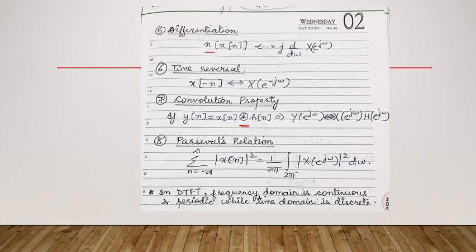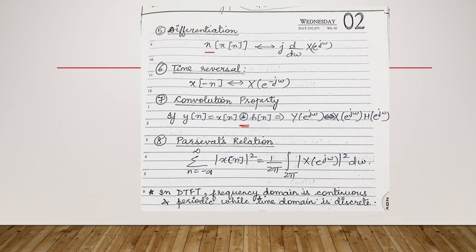Now, the last property which we are going to consider is Parseval's relation. What does it say? If we have the signal x(n) in the time domain and we take its modulus and square it and add all the terms from n varying from minus infinity to infinity, then what happens in the frequency domain?